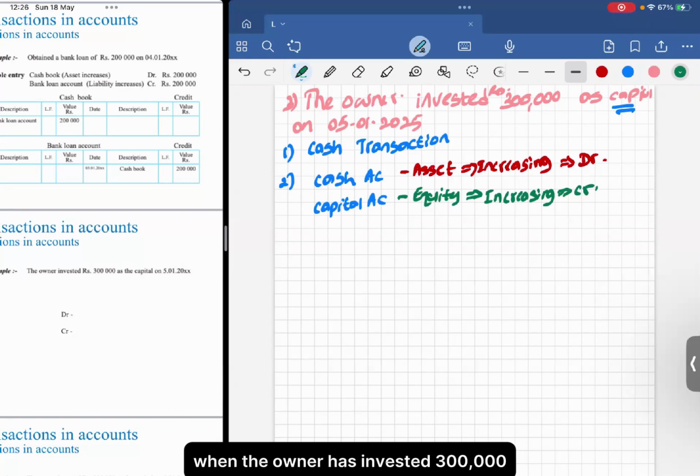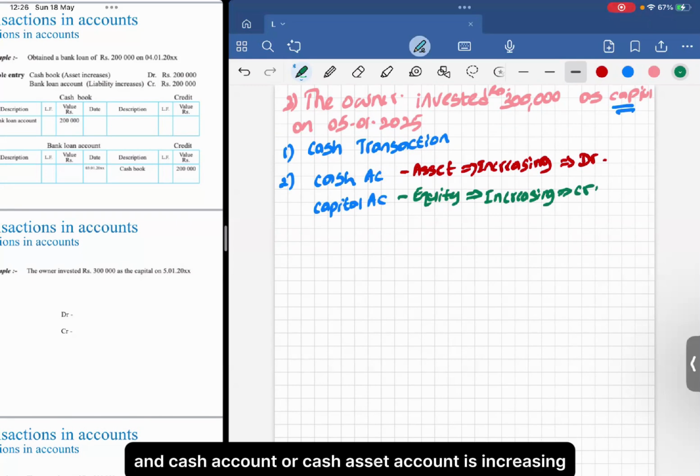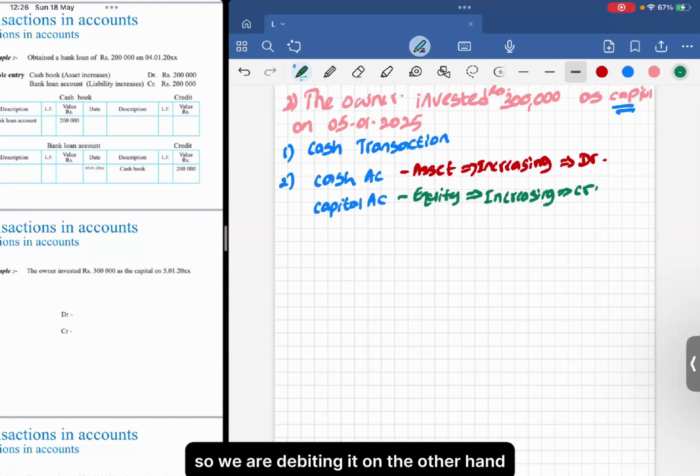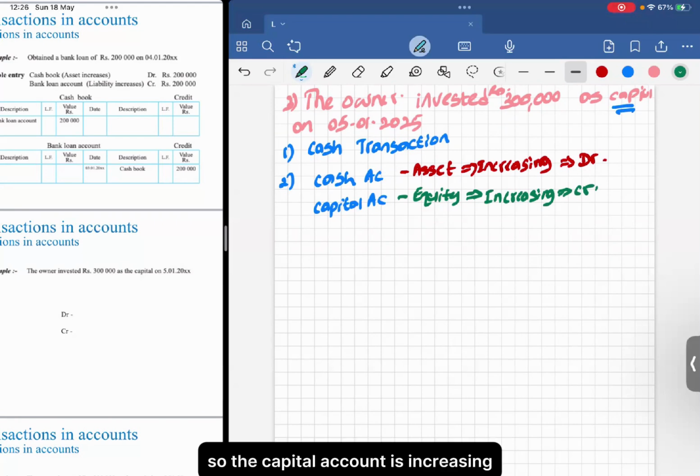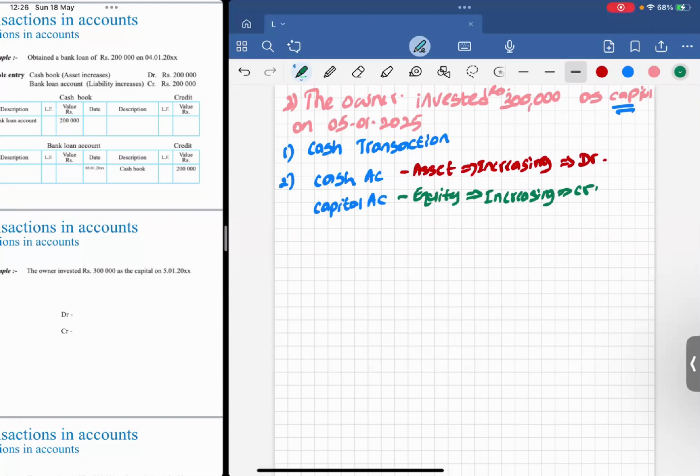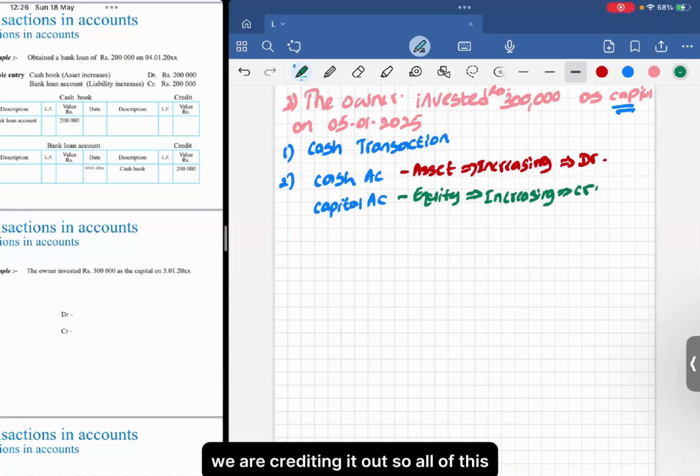When the owner has invested 300,000, the business is receiving 300,000, and the cash asset account is increasing, so we are debiting it. On the other hand, the owner has invested capital, so the capital account, equity, is increasing. Since equity is increasing, we are crediting it.